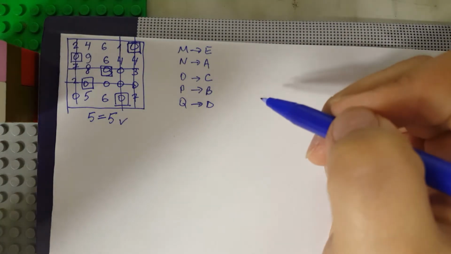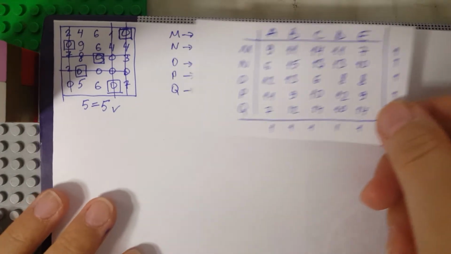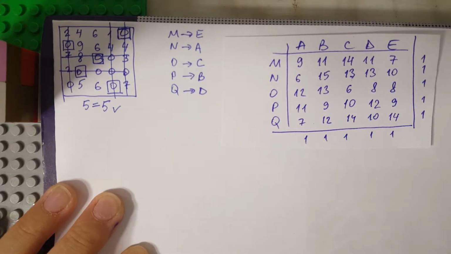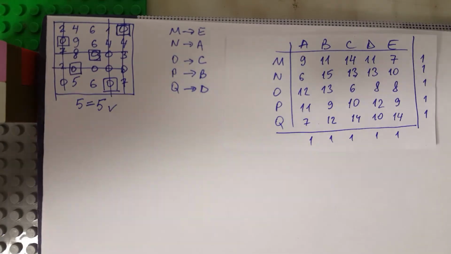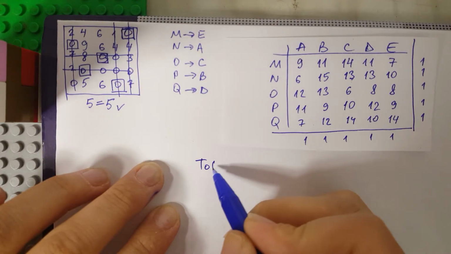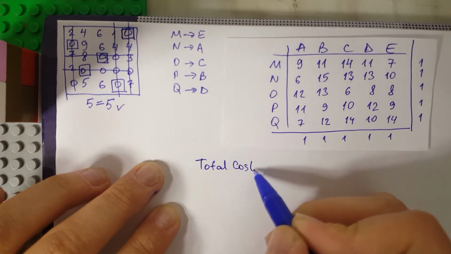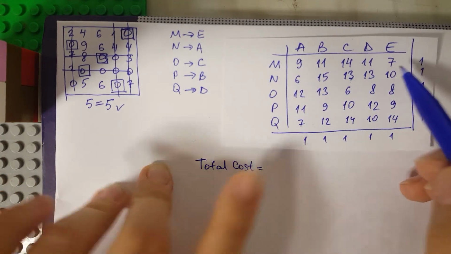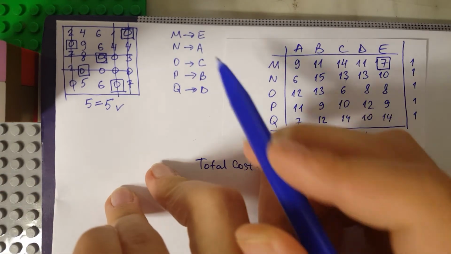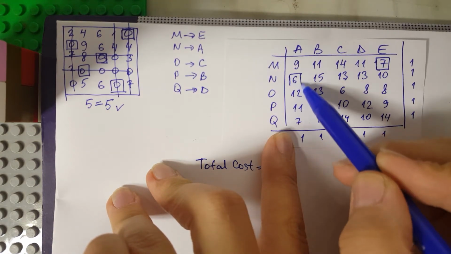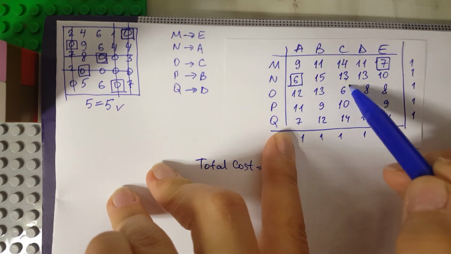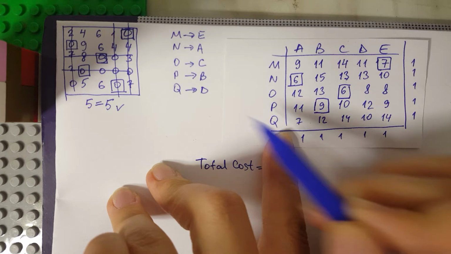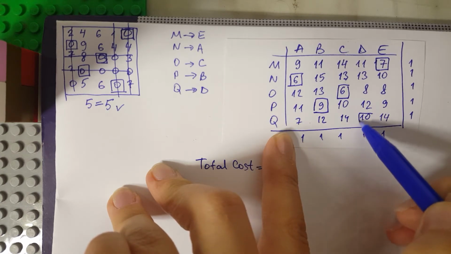And so if we look at our table of costs, we obtain the total cost, which is equal to M to E, this one, N to A, this one, O to C, this one, and P to B, this, Q to D is this.